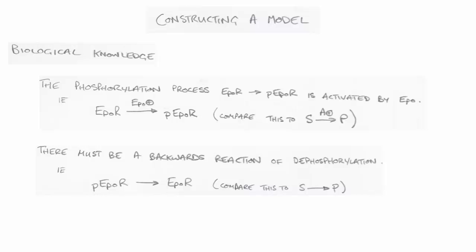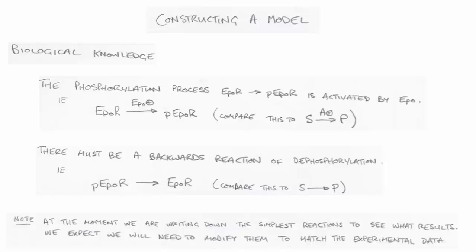We also know there must be a backwards reaction, dephosphorylation, so phosphorylated EPO receptor goes to unphosphorylated EPO receptor, and we might compare that to the straight substrate to product reaction in our toolkit. To be clear, at the moment we're writing down the simplest reactions, and we're going to test what happens in our model, and we're fully expecting that we might have to add in more things and make it more complex if we're going to match our experimental data.